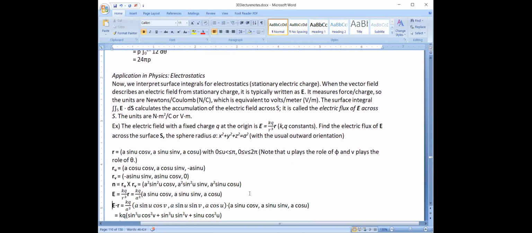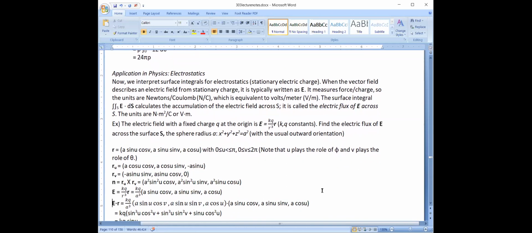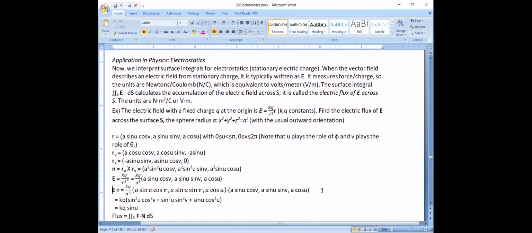So now let's calculate separately. I'm going to calculate the dot product. That should be normal vector n.